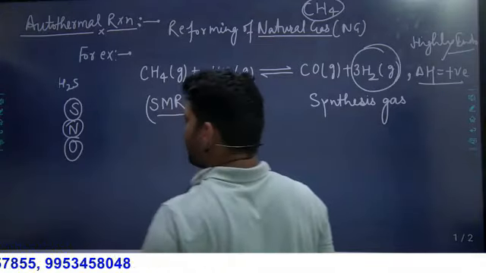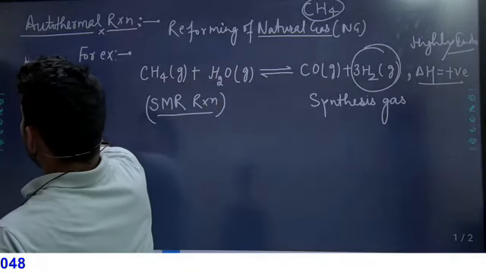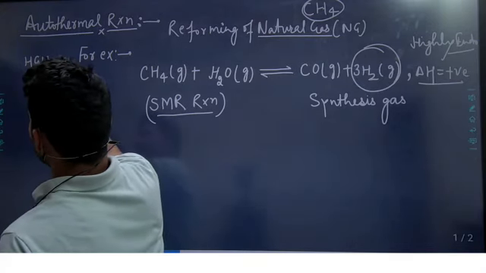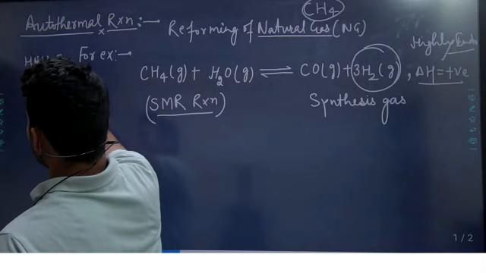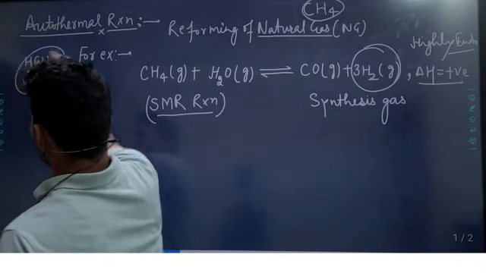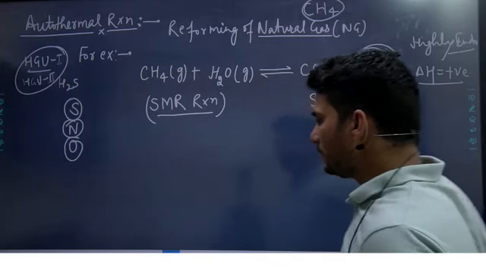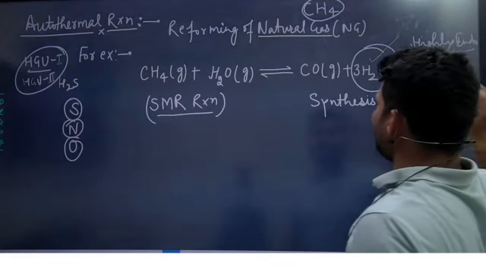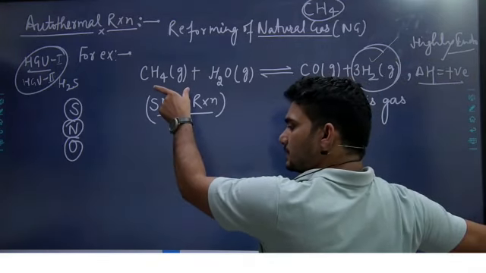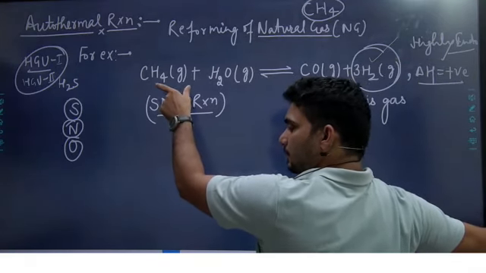So in every refinery you will find a hydrogen generation unit, HGU. In this case we are just producing hydrogen with the help of the hydrocarbon, that is natural gas, CH4.